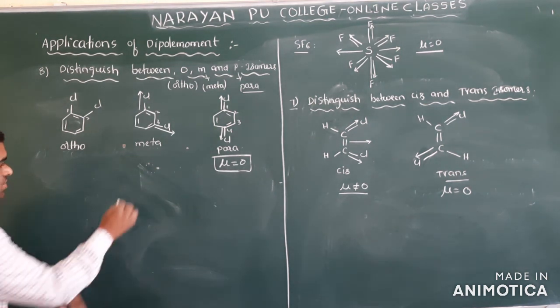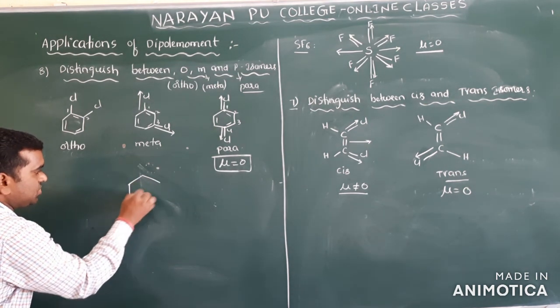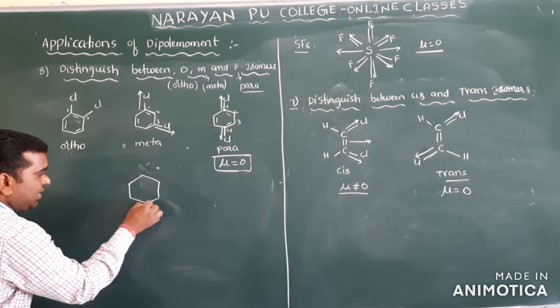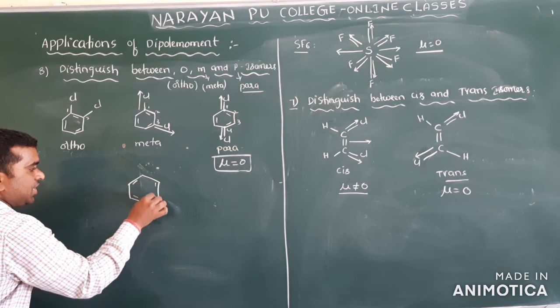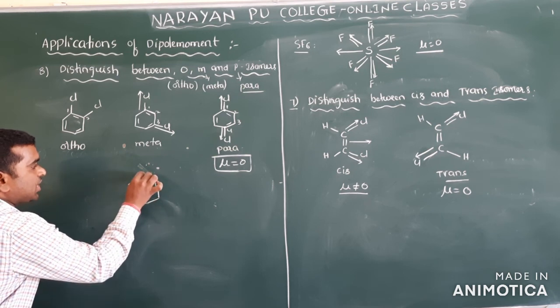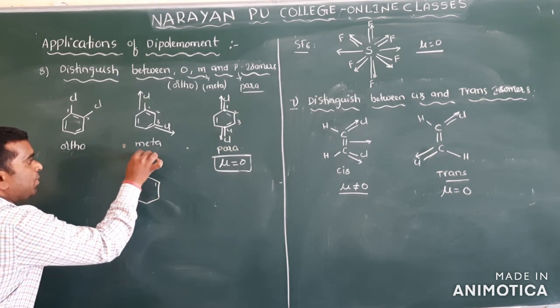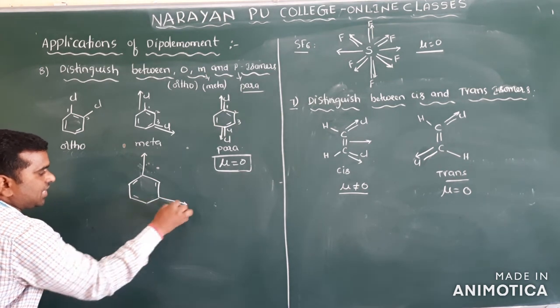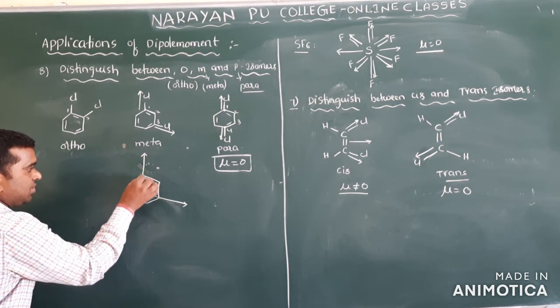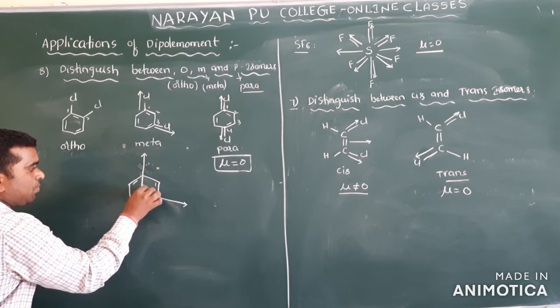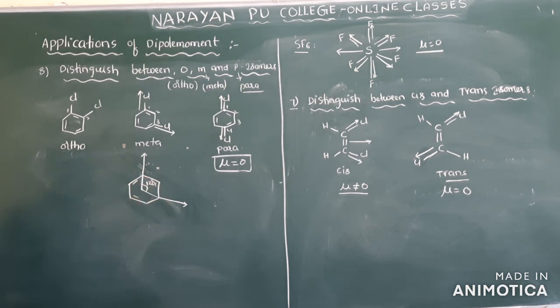If I write, this is the benzene ring, and now this is the benzene ring. Now this is the chlorine. I am writing the dipole moment of this in this direction, and in this direction. Extend this one, they will combine somewhere. What is the bond angle here? 120 degree. What is the bond angle here? 120 degree. Clear? A simple example I will say.